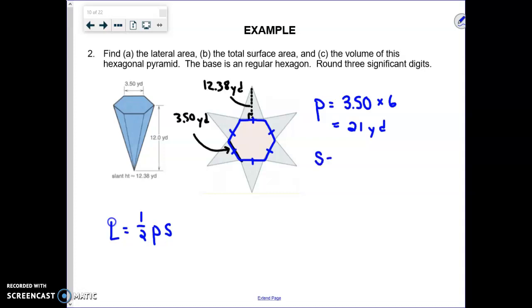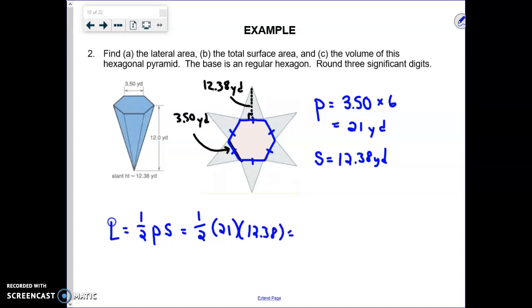The slant height was given to us as approximately 12.38 yards. So to find the lateral area, you take 1/2 the perimeter of the base, which we said was 21 yards, times the slant height, which was approximately 12.38 yards.